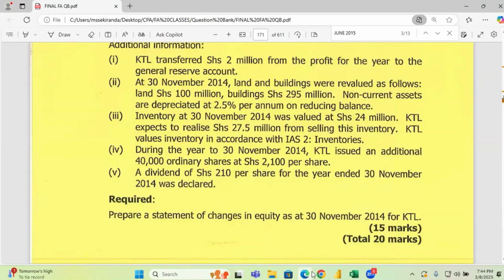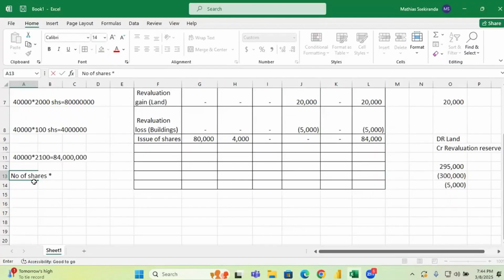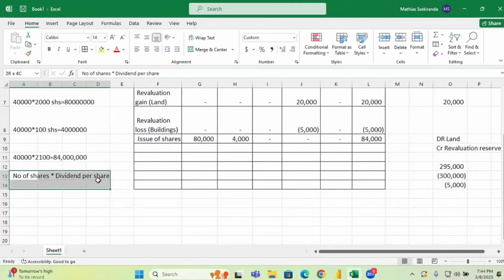But you must know, how do we get the dividends? You have to get the number of shares times the dividend per share. That's how we get the total amount of dividends.